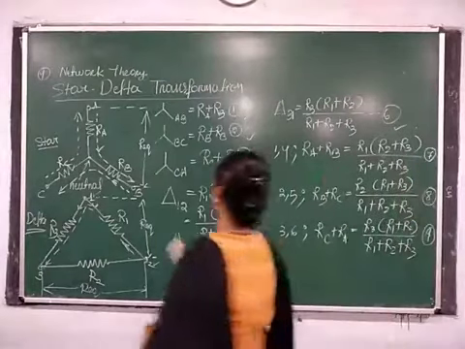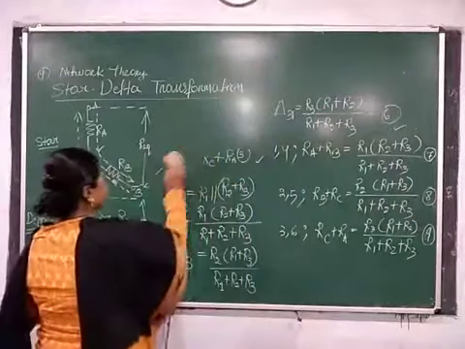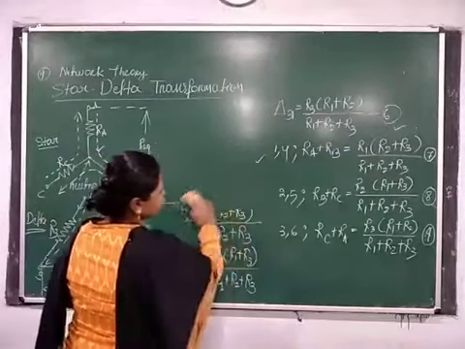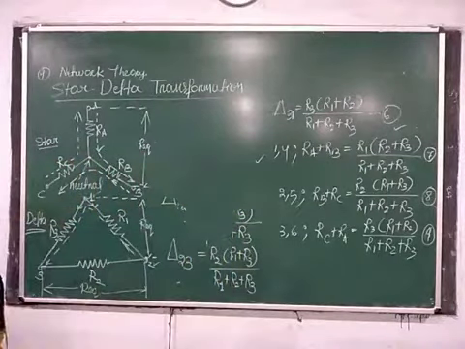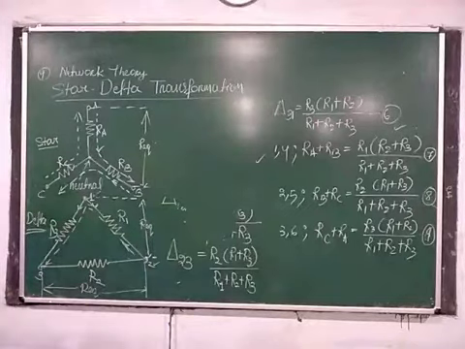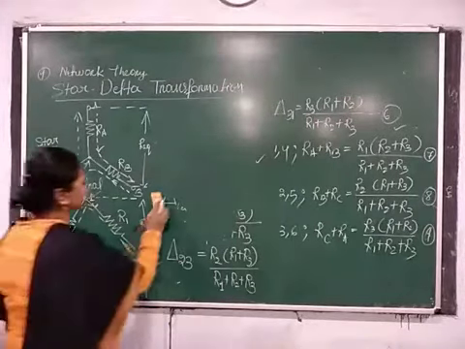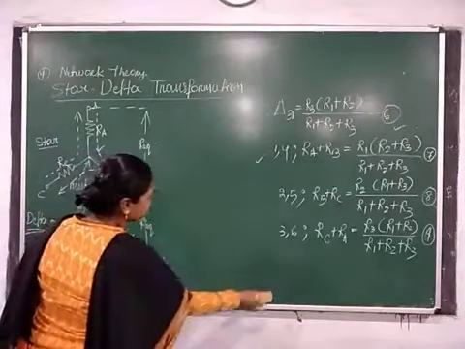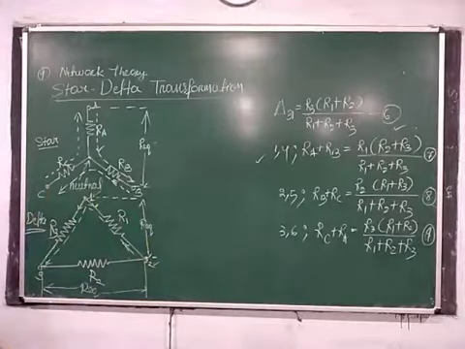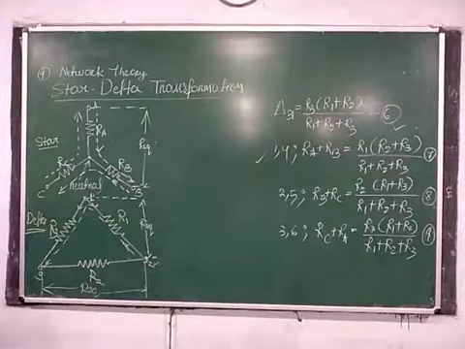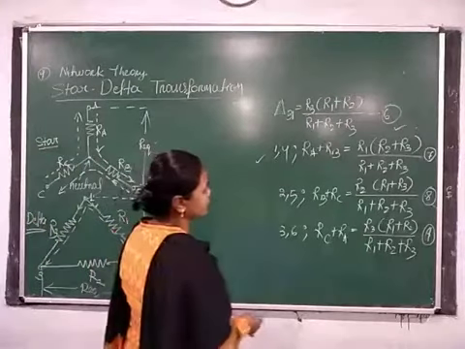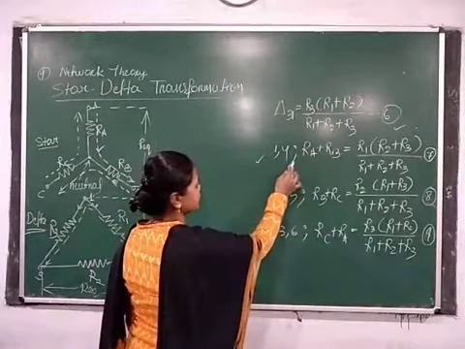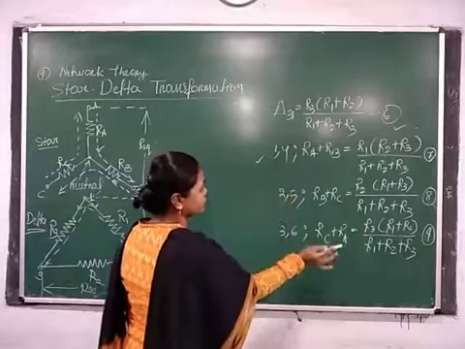Now, by solving equations 7, 8, and 9, we find how a delta circuit is converted into star, meaning how you find the star equivalent in terms of delta. Subtract equation 8 from equation 7.